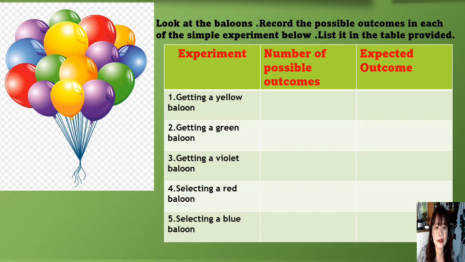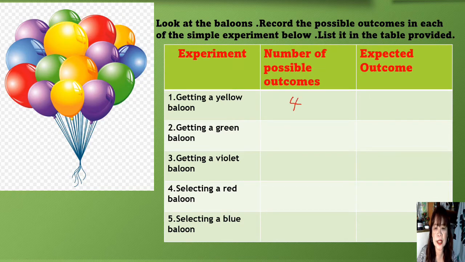So let us have number 1, getting a yellow balloon. Now let us count the yellow balloons. We have 1, 2, 3, 4. So there are 4 yellow balloons. So the number of possible outcomes, we have 4.